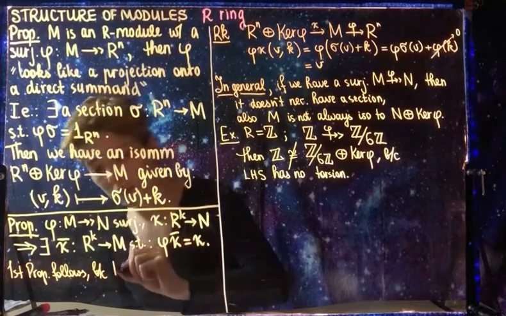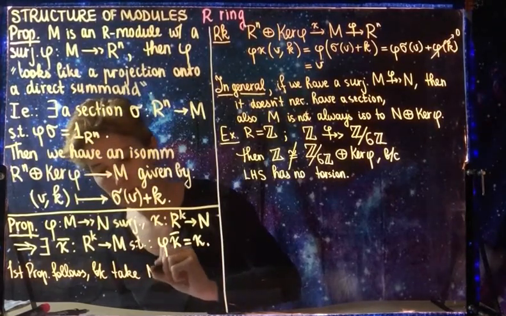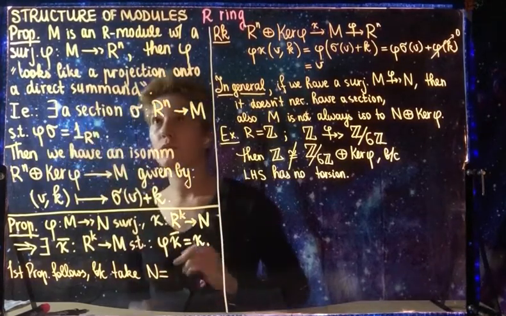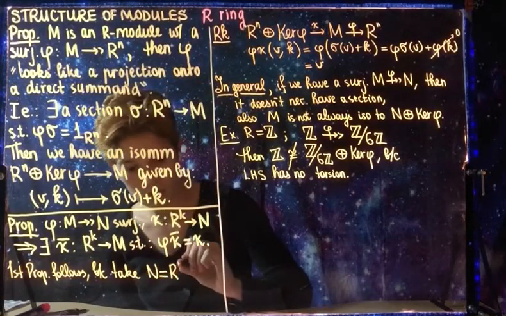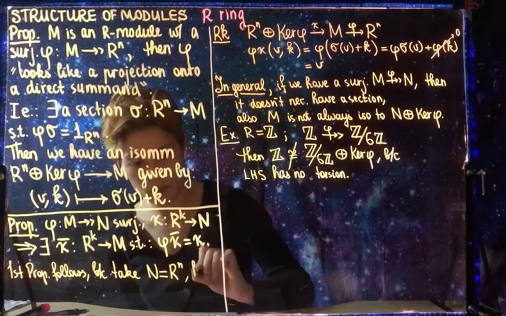Because we can take N equal to Rn and K equal to n.